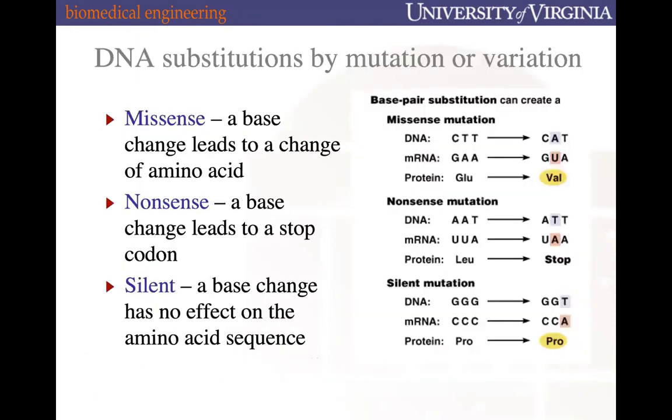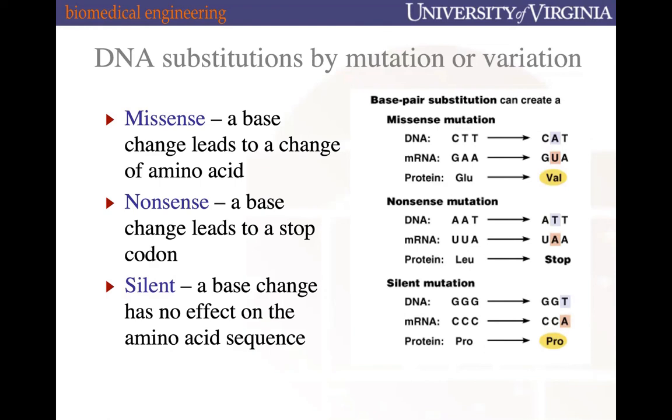So we've talked about in the past how there are instances where DNA mutations or variations can occur. And what this slide is trying to indicate is what the downstream consequences are and the categorizations of the mutations that we currently have.